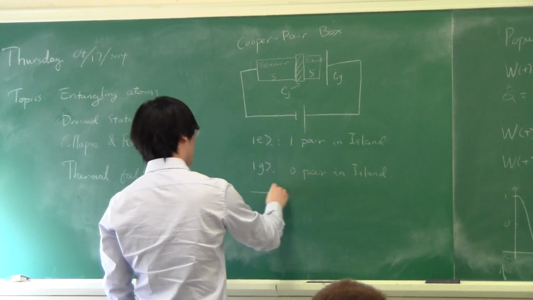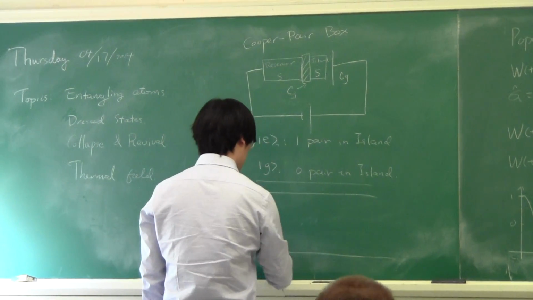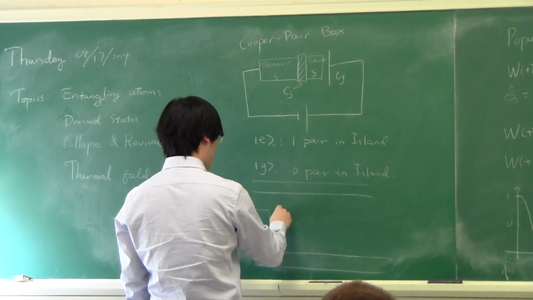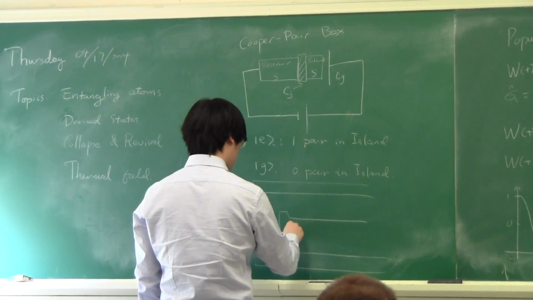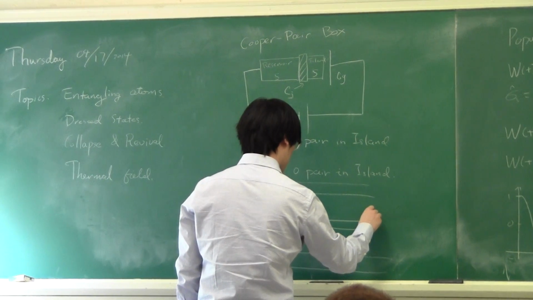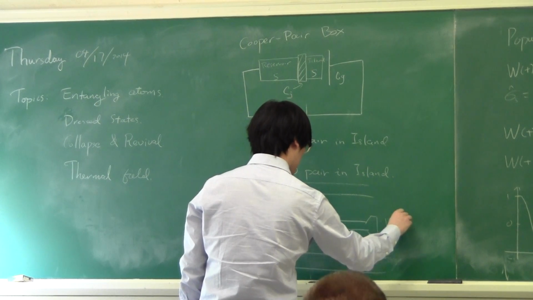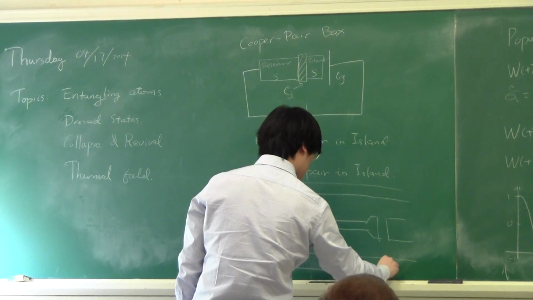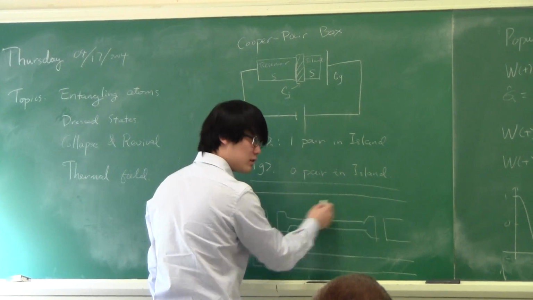So we have some microwave strips like this, and then there's some capacitance here. So we have capacitance at these two sides and some inductance here.